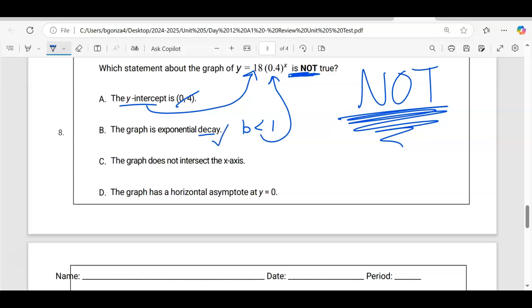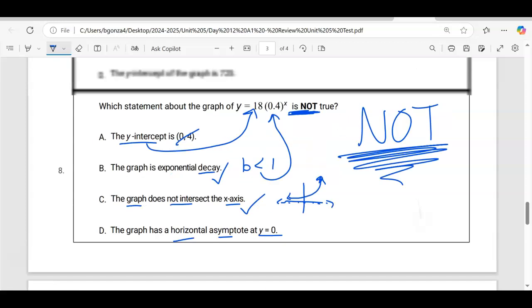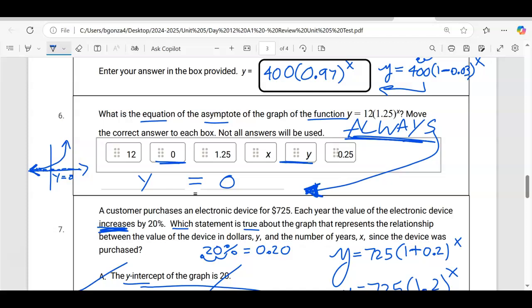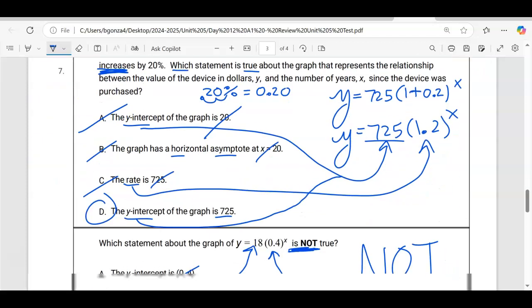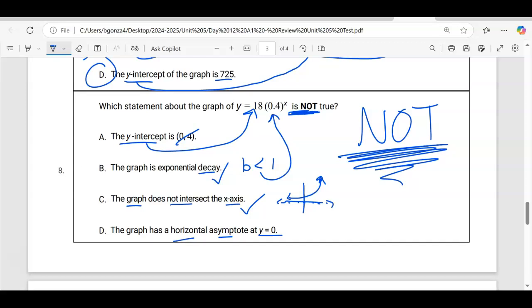The graph does not intersect the x-axis. So remember, all these exponentials do not touch the x-axis because there's an asymptote there. So that's true. And the graph has a horizontal asymptote at y equals 0. Remember, I keep saying it, the asymptote is always y equals 0. So that's true. Well, which one's not true? A. All right.